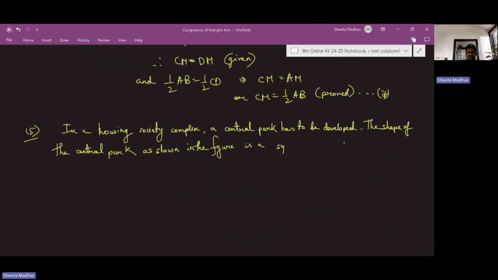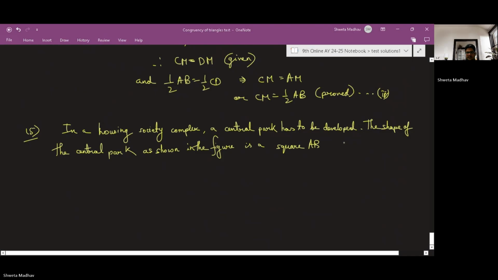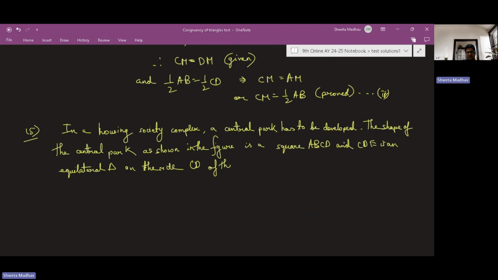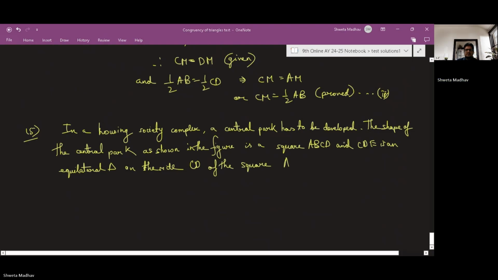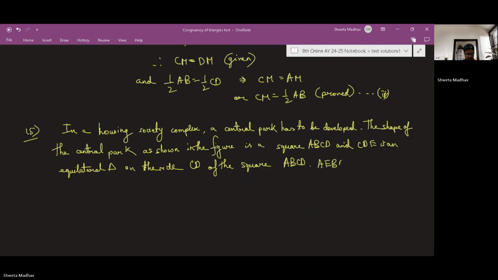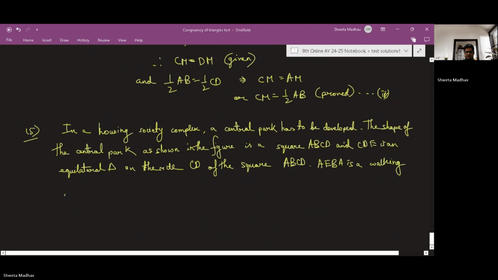It is a square ABCD, and CDE is an equilateral triangle on the side CD of the square ABCD.